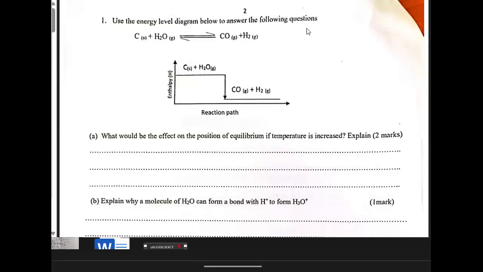From the topic of energy changes, you can see that the energy level diagram that is drawn is for the forward reaction, where the carbon and the gaseous water are the reactants, and the products are carbon 2 oxide and hydrogen. That energy level diagram illustrates an exothermic reaction, because the reactants have higher energy.